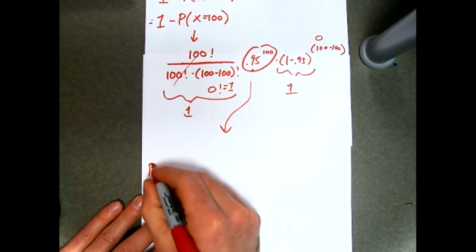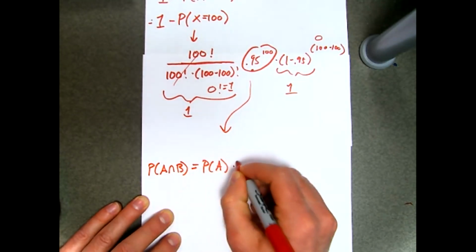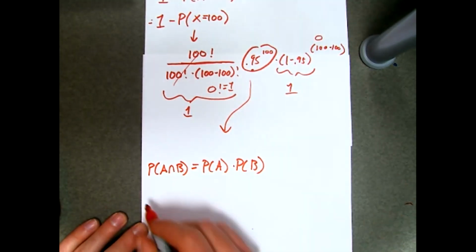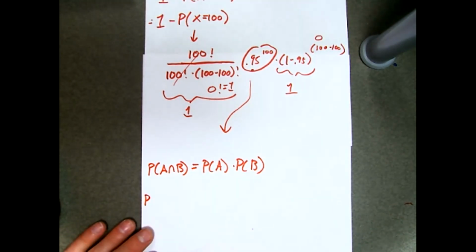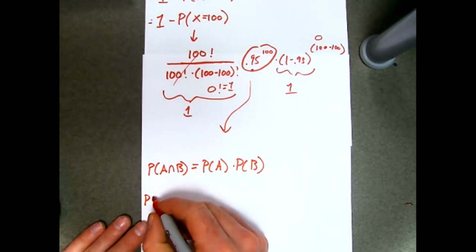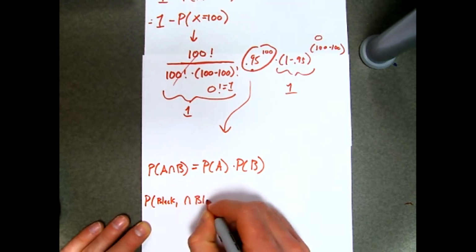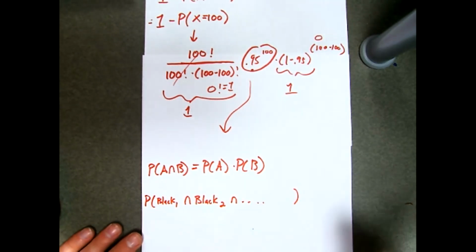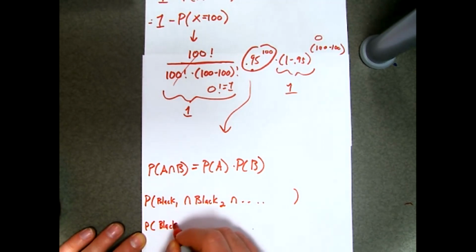The idea was if I wanted the intersection of two events, if they're independent, I could just take the probability of each event and multiply them. So when I ask what's the probability that all these trials are successes, think of the roulette table: what's the probability that it hits black on the first spin and hits black on the second, all the way to the 26th, if I spin this 26 times? Well, that's the same as saying the probability that I get black on the first spin.